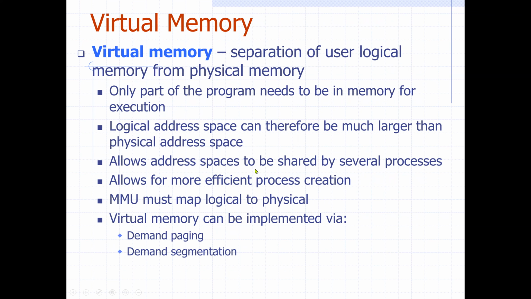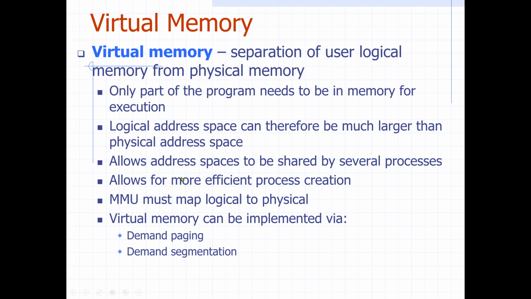So virtual memory is the separation of user logical memory from physical memory. So the logical address space can therefore be much larger than the physical address space. And also only part of the program needs to be in memory for execution.